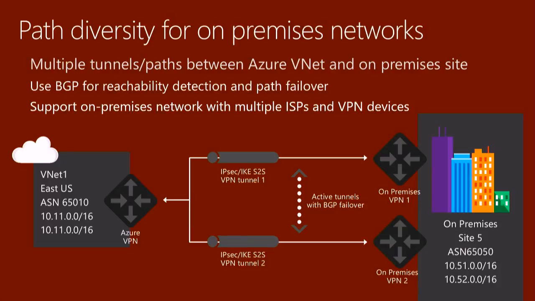Through both of them, it can connect to the same VNet and use both, or you can configure it so that one ISP is the main one and the other is in passive mode. If the active one goes down, you can connect via the backup one automatically.